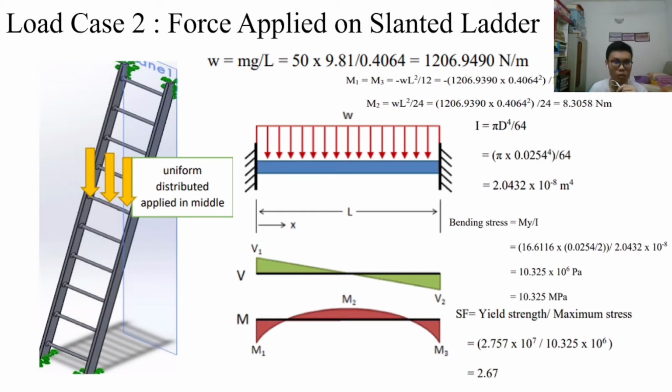For the boundary condition, the load applied is assumed to be a uniform distributed load, which is the weight of a person climbing the ladder. We assume the surfaces in contact with the wall and the floor are fixed.